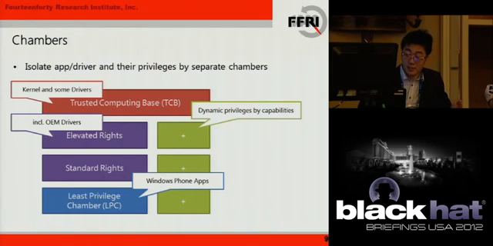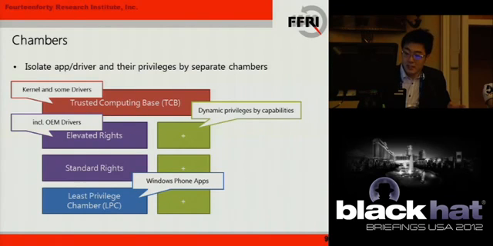Normal applications are isolated in the LPC, least privileged chamber, which has very low privileges. A pure chamber model is good for security, but not so flexible. So Windows Phone 7 gives additional permissions declared by capabilities. This will secure the device and keep the application model flexible.